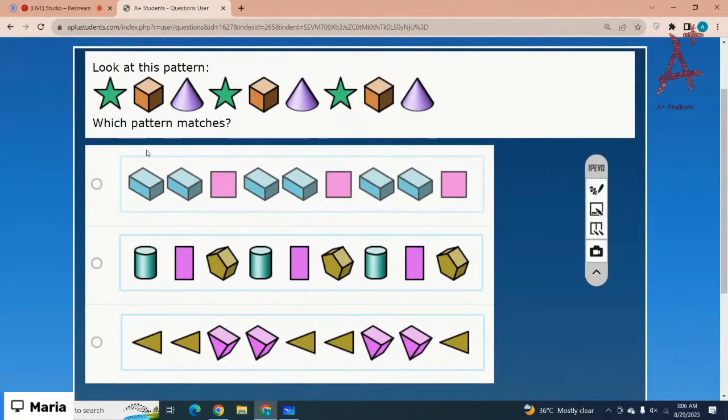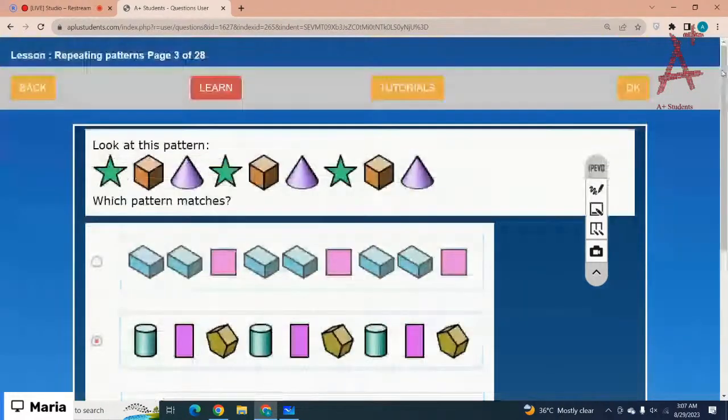You have to look for the one where you have three different types of items and they go just once. This one is the correct option. There are three different items, just once, and then again the pattern repeats. So option number two is the correct option.